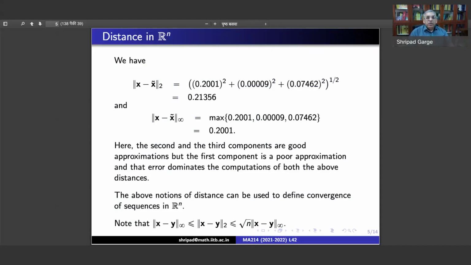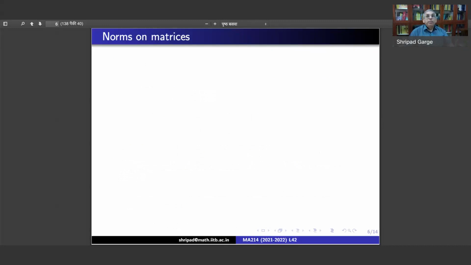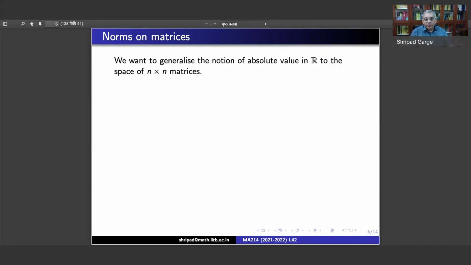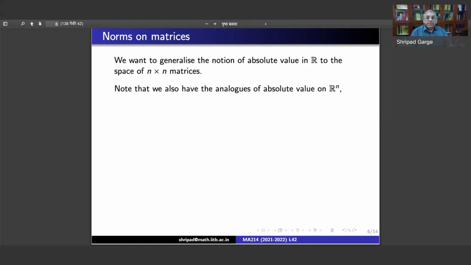All right, and now we go towards matrices and defining norms on matrices. We started with vectors. Now we are going to n by n matrices, because we want to talk about distances between matrices also. Okay, so the norm is actually the generalization of the absolute value, but before going to matrices, we have norms on Rn also, and that is simply the distance from 0.